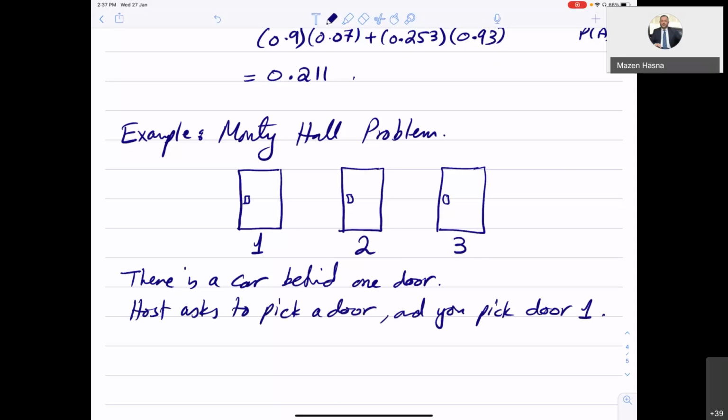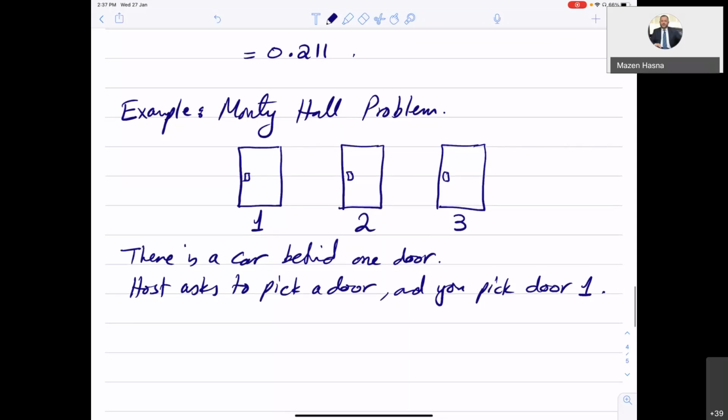Still, we did not open the doors. So now the host opens door 2, and of course there is nothing behind door 2. That's why he chose it, and asks you the golden question.